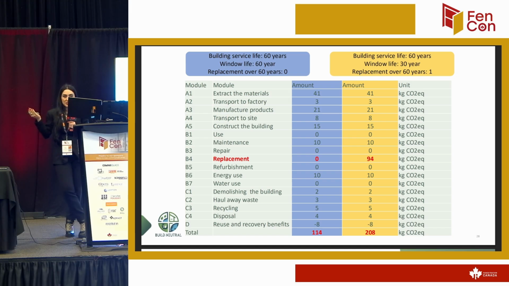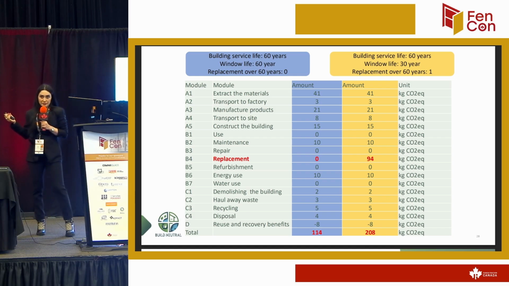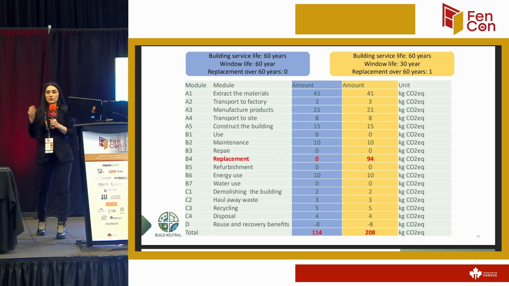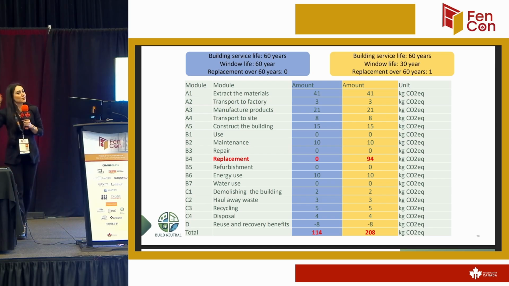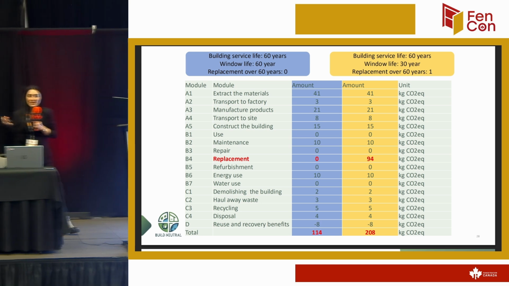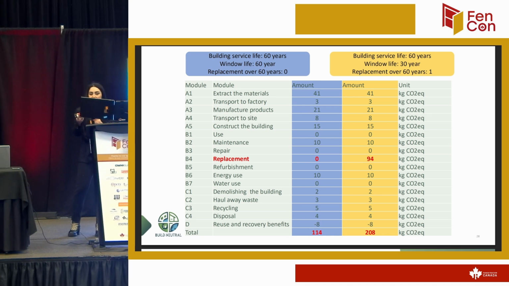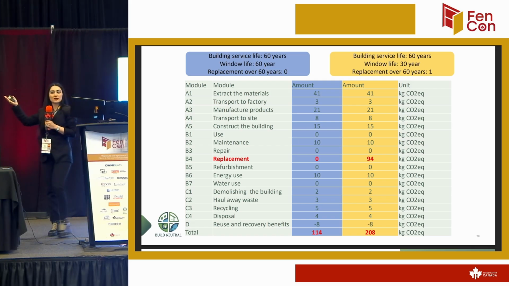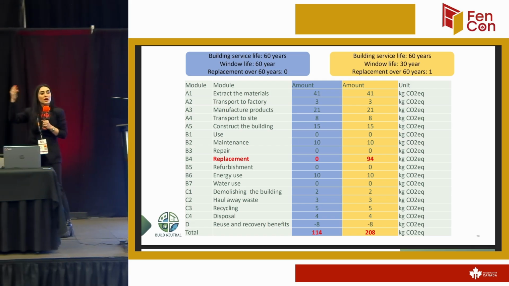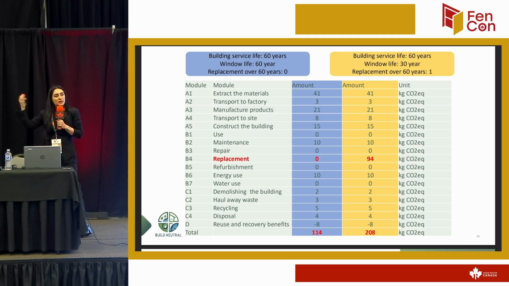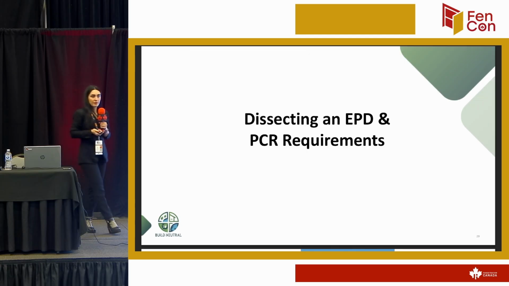It lasts 60 years. But the yellow window, I have to replace every 30 years. So it's going to increase the environmental impacts because I have to produce that window again, transport it again, install it again, and then at the end of it, I have to landfill or recycle it. So as you see, it shows the total environmental impacts over the full life of this building from your window can almost be double.